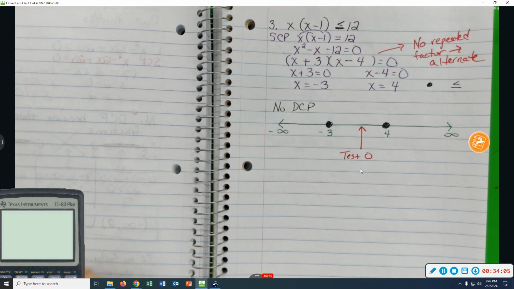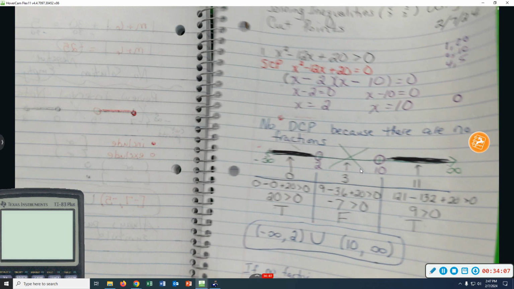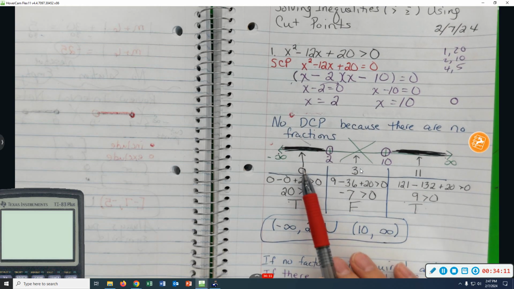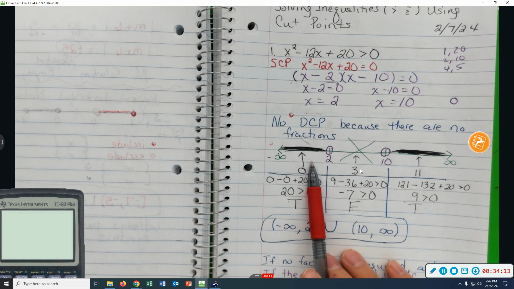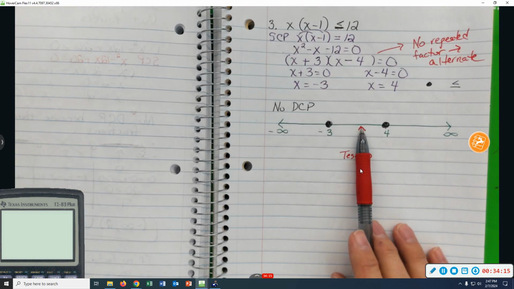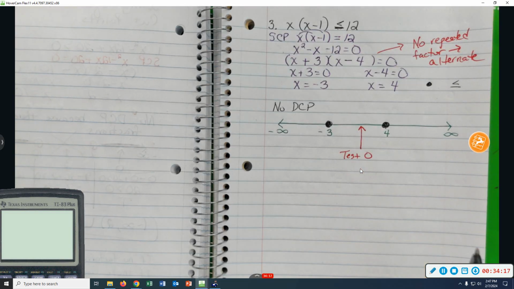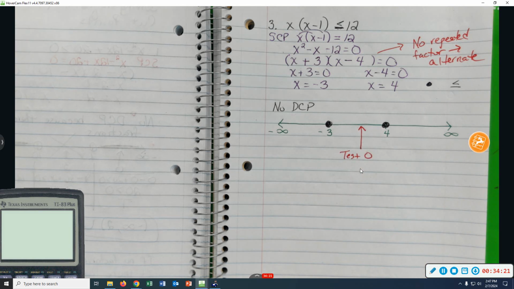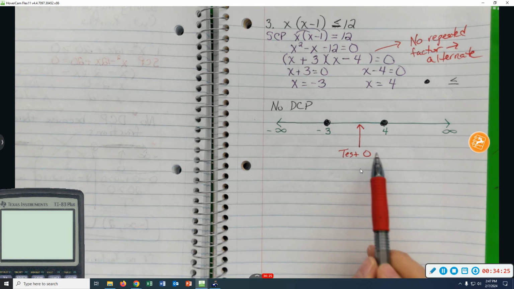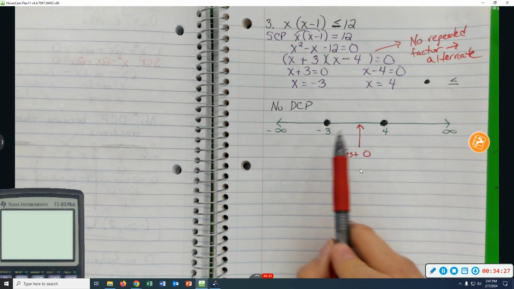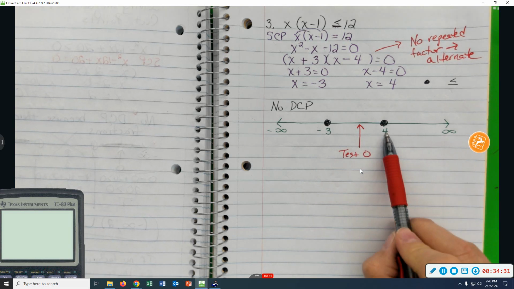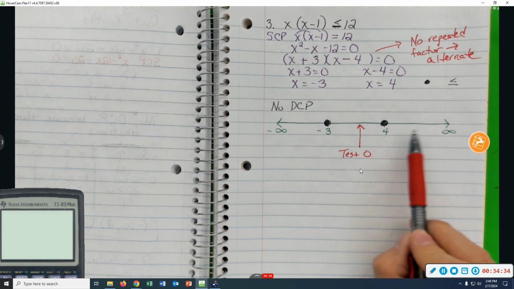I remember one semester a student said, well, wait a minute, 0 keeps moving around. Over here it was on the first interval, now it's the second interval. You've got to know these cut points, okay? In general, here's a deep statement, not really: 0 is always between a negative number and a positive number. 0 is never between 2 positive numbers.